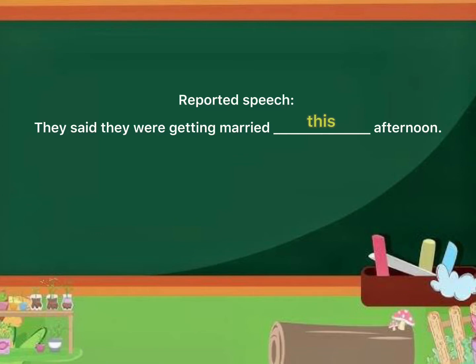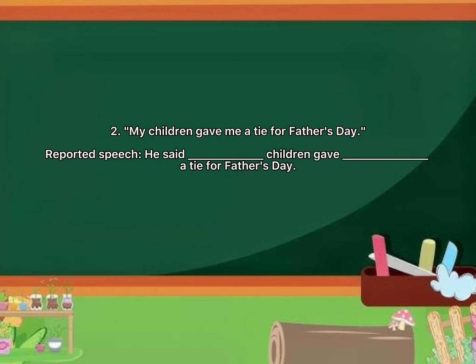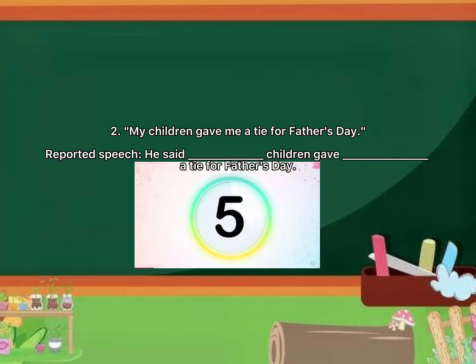Did you arrive at the correct answer? I hope so. Now let's proceed to sentence number 2. My children gave me a tie for Father's Day. Reported speech: He said blank children gave blank a tie for Father's Day. Your timer starts now.